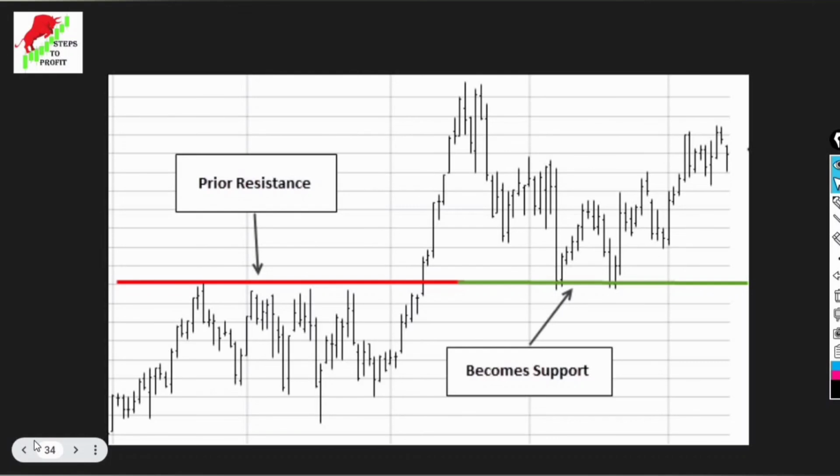One more important thing about support and resistance is that when price breaks resistance or support, for example over here, when price has broken the resistance and confirms its uptrend, this resistance becomes its support. And the same will be the case if price breaks the support and continues its downtrend, then this support will become resistance for the current price.